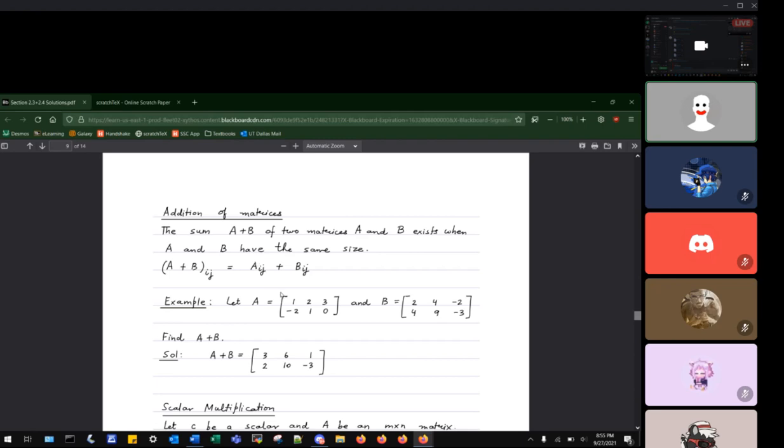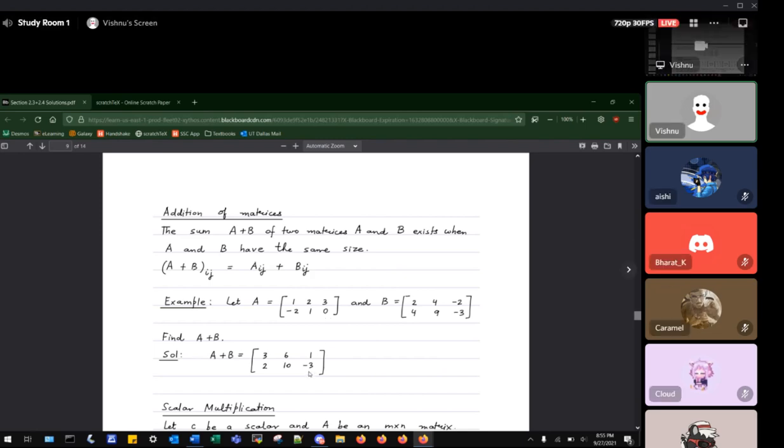All you do is add up the corresponding elements of the matrix. So, for example, if you want to add these two matrices and find this cell, you take this cell of this matrix, add it to this cell of that matrix, and that's your entry for this matrix.